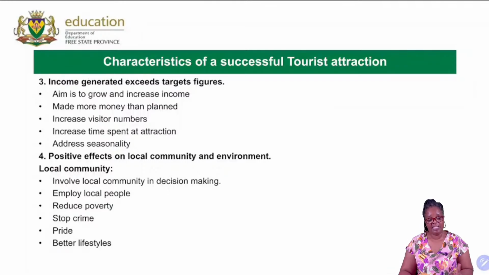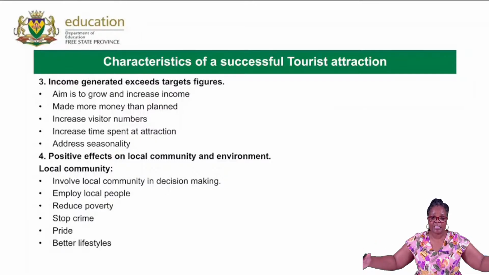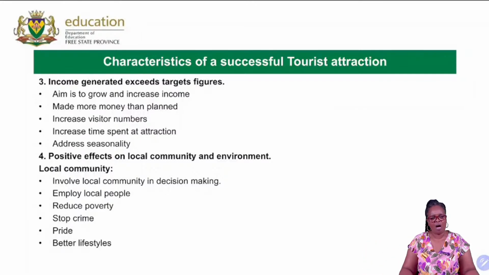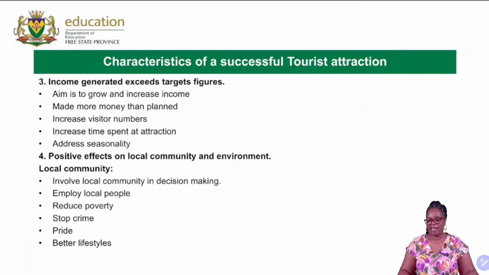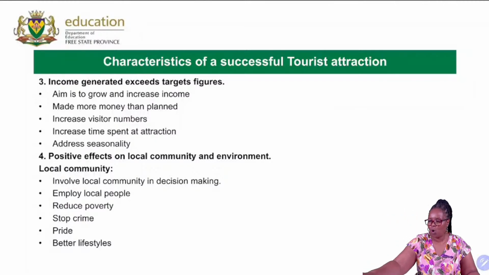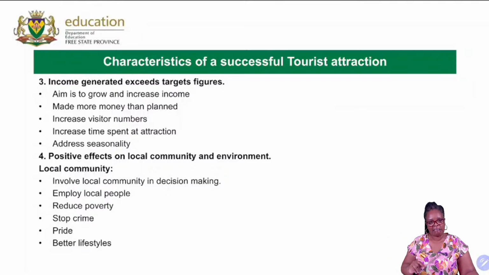But if it doesn't have any positive impact on the local community where it is situated, then it is not a successful tourist attraction. The environment around will not be taken care of, it will be polluted, and that is not a successful attraction.